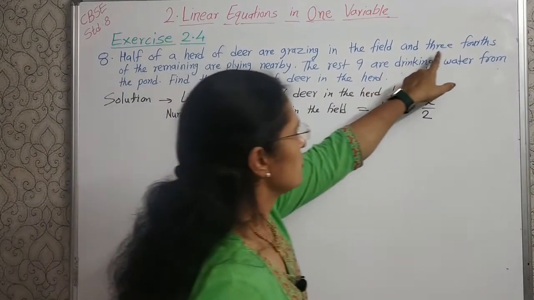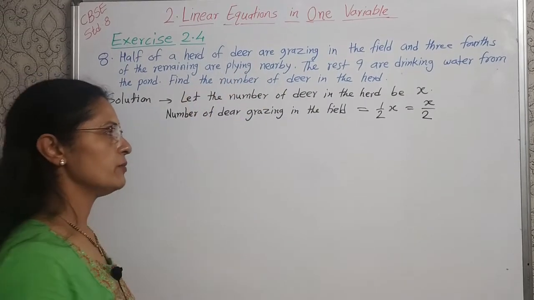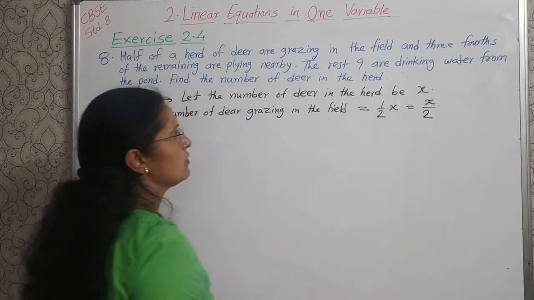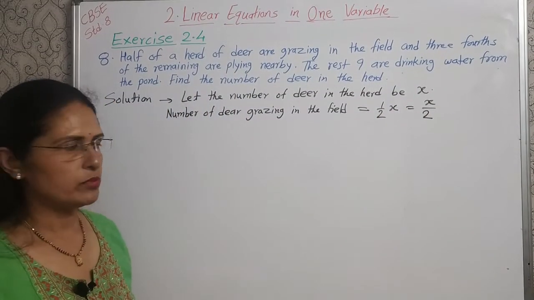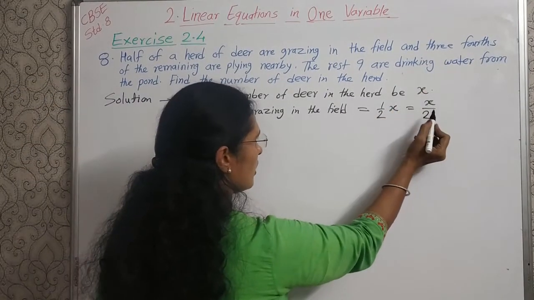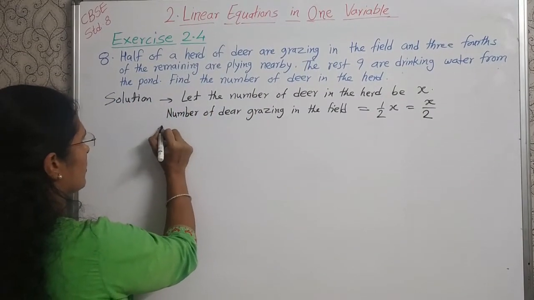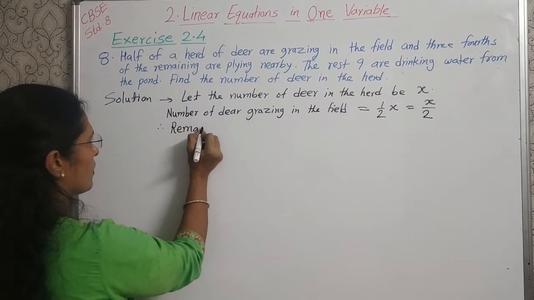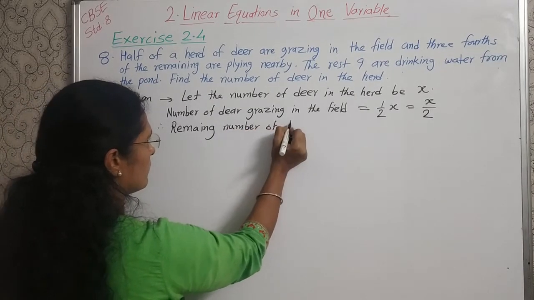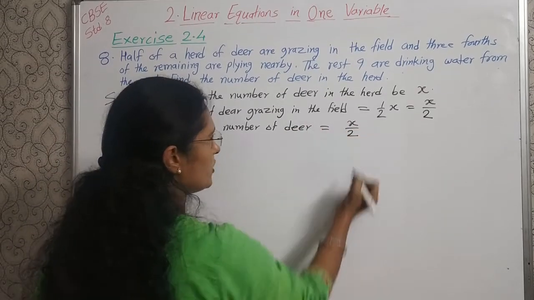Now next is 3/4 of the remaining are playing nearby. 3/4 of the remaining. Now out of this x, half are grazing, so half are left, and those are remaining deer. So remaining number of deer is equal to x by 2 only.